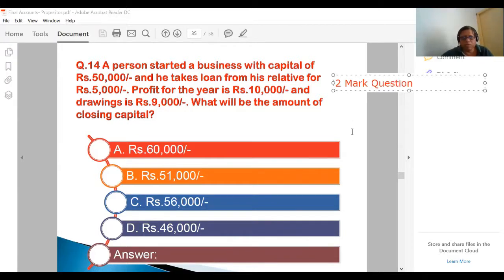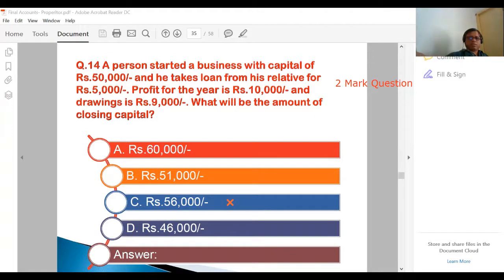Please solve this. A person started with 50,000. He has taken a loan from a relative of 5,000, so total 55,000. Profit is 10,000, so 65,000, minus drawing. The answer is 56,000.